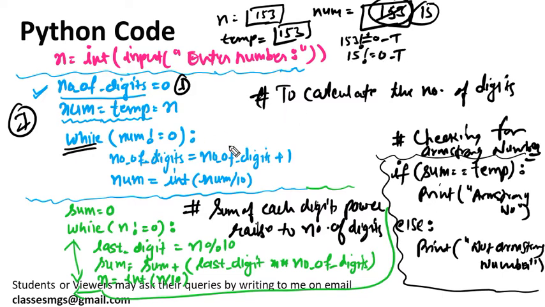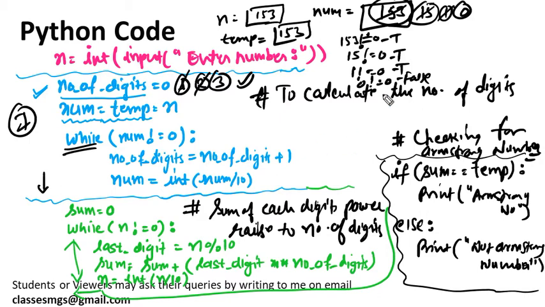The condition is true again, number of digits increments to 2, and again num divided by 10 becomes 1, and 1 is not equal to 0. So again number of digits becomes 3, and num divided by 10 becomes 0. 0 is not equal to 0 is false, so the loop terminates, and you have the number of digits as 3.